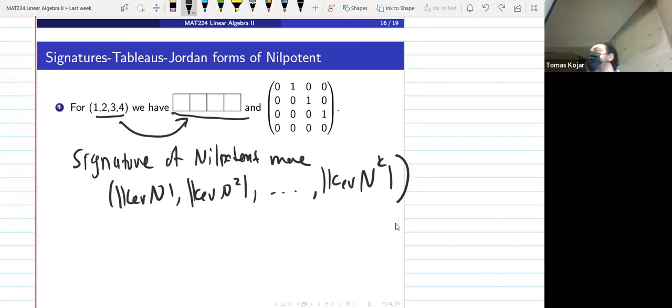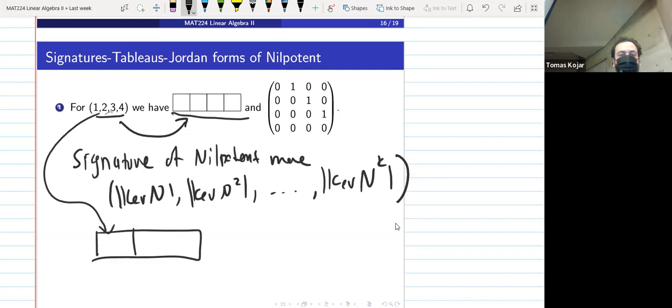Yes. Can you speak up? Yeah, so perfect. So the way you find each of the columns is you play this calculus game. So you want to find number of boxes on the first. So you have one. You want to find on the second. It will be kernel of n squared minus kernel of n. So 2 minus 1.